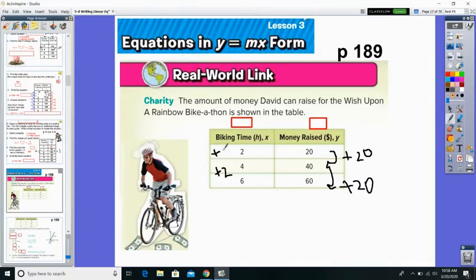This is a direct variation because the money raised is directly varying on how much time they spent biking. Every 2 hours, they are making $20. And I know my y-intercept would be 0 because if you're not biking at all, you're not raising any money at this point for this example.